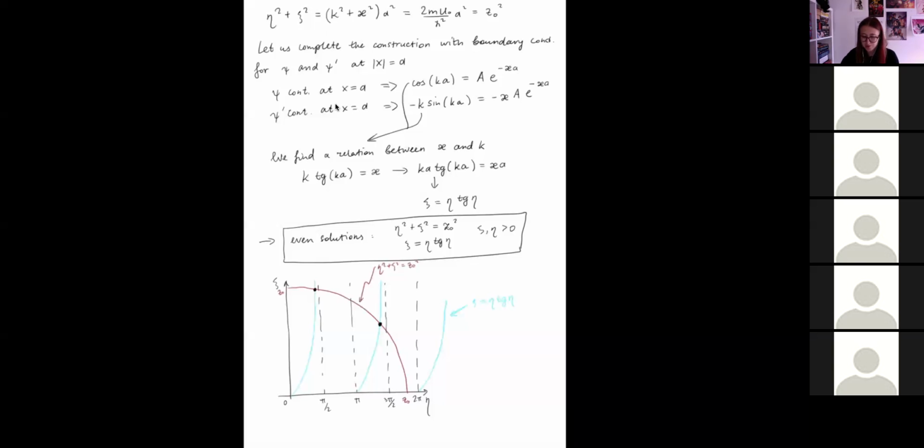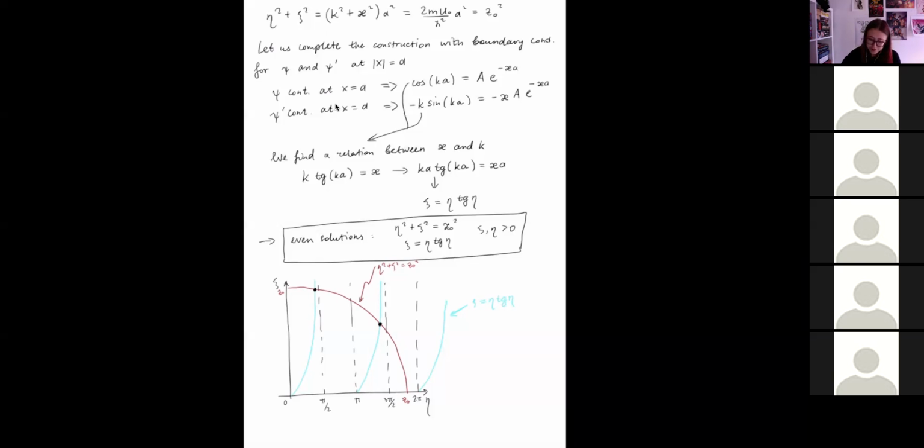Of course, the number of these intersections depends on the value of z0, how big the circle is, and how many of these branches of tangents it will intersect. But we can already make some conclusions just from this picture. So this picture describes a situation where we have exactly two even bound states.